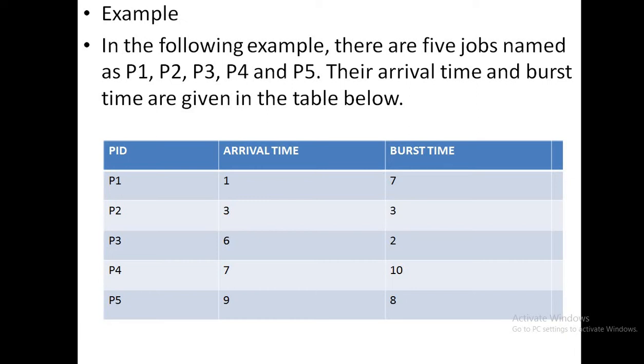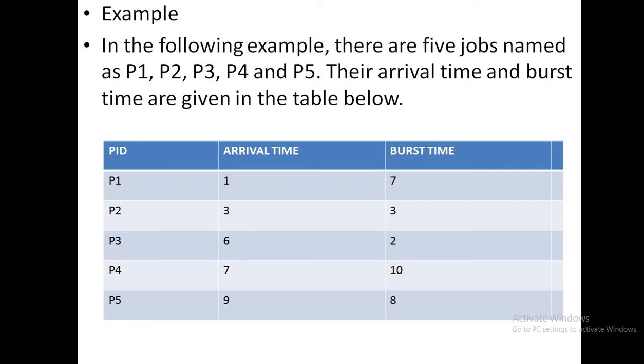Then we will check: while P1 is executing from 1 to 8 milliseconds, do any jobs arrive in between? Here we see that 3 jobs have arrived, that is P2, P3 and P4, whose arrival times are 3, 6 and 7 milliseconds.